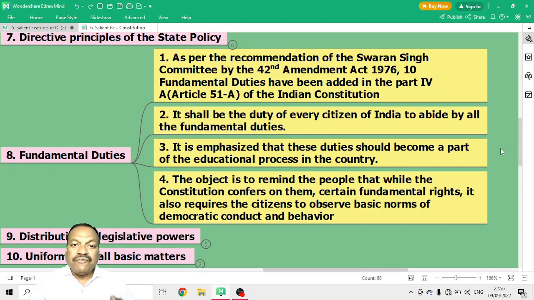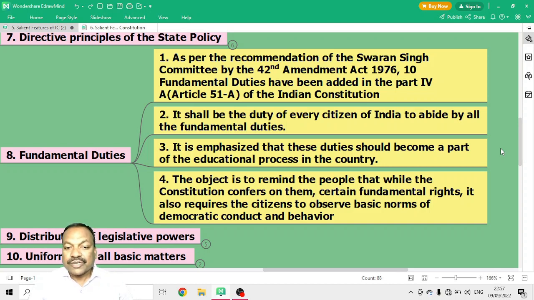In all, there are 10 fundamental duties that have been added in Part IV-A, that is Article 51A, of the Indian Constitution. Secondly, it shall be the duty of every citizen of India to abide by all the fundamental duties. It is emphasized that these duties should become a part of the educational process in the country.